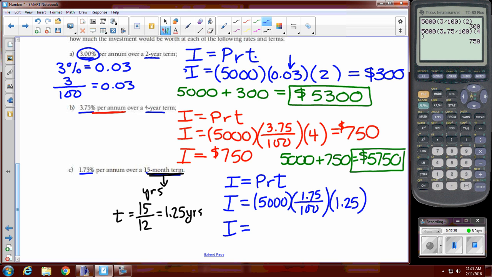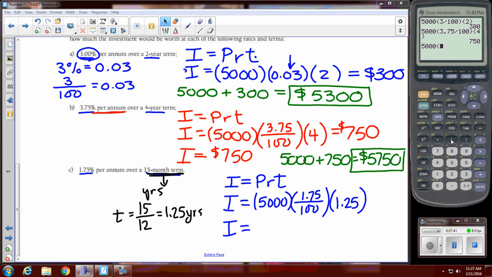So if we were to calculate this in our calculator, this is what we're going to see. We're going to see 5,000 multiplied by the 1.75 divided by 100 to get the decimal. Multiply that by 1.25 years.